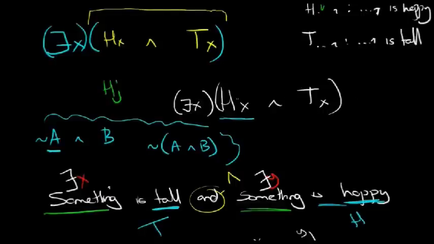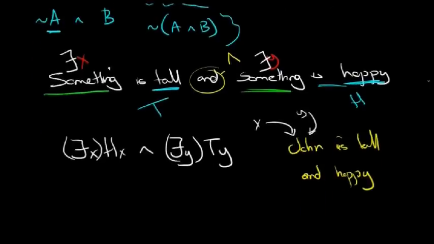X can only refer to, at any one given time, the same thing when we're actually reading through the sentence. Although it could stand for lots of different subjects, if we say there exists an X such that it's happy and it's tall, we've got to be attributing those properties to the exact same thing in that one breath. Whereas when we use two different variables, we're talking about different things.